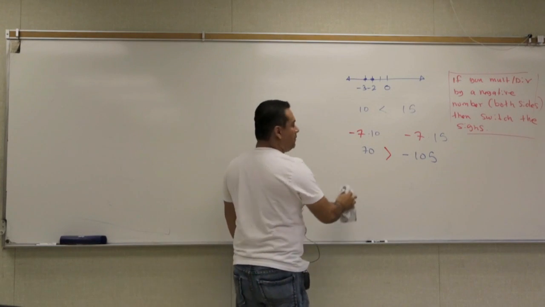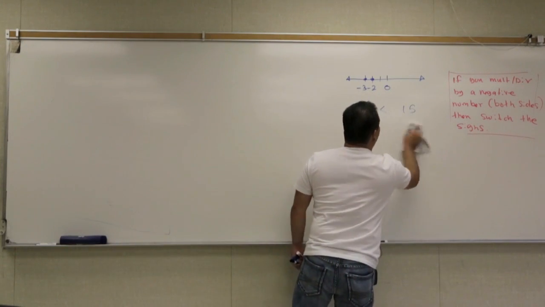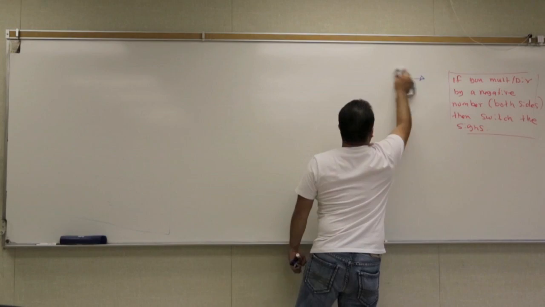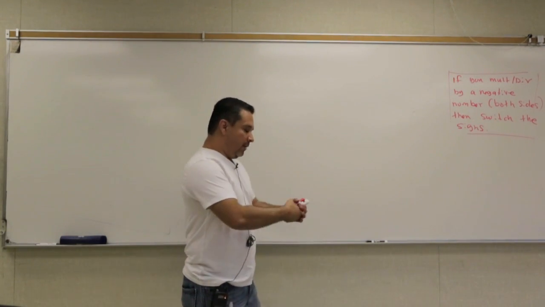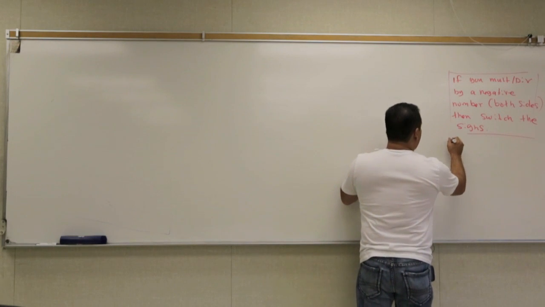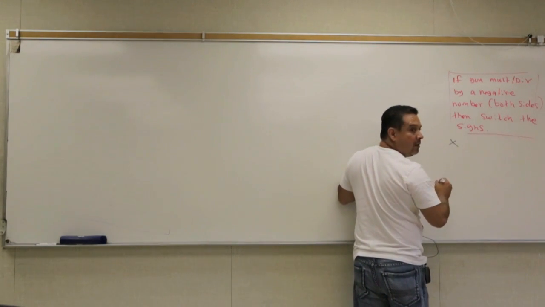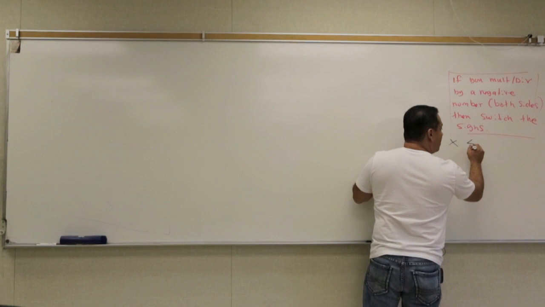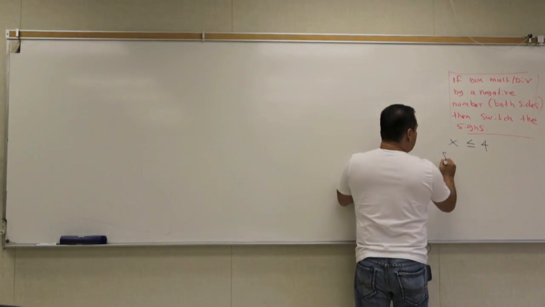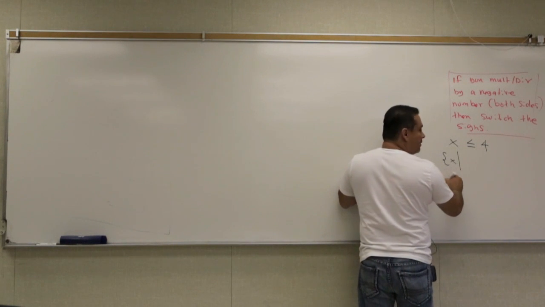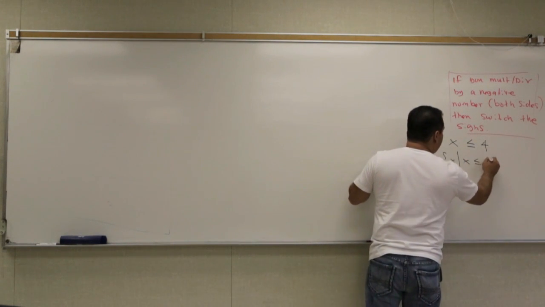Oh, we're not done. We didn't graph this, and we didn't write it as interval notation. What do we have here? x was less than or equal to 4. What's the set notation? The set of all x such that x is less than or equal to 4.